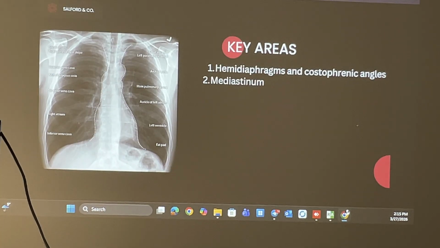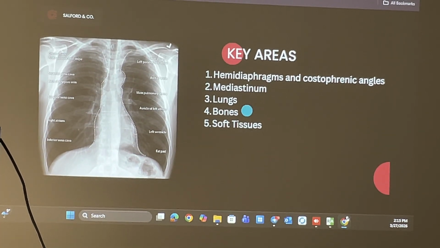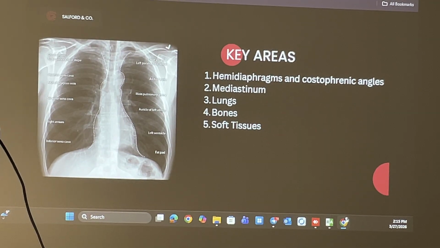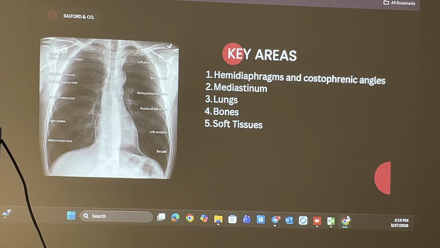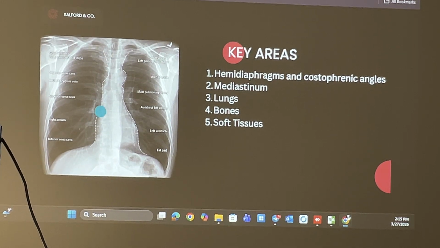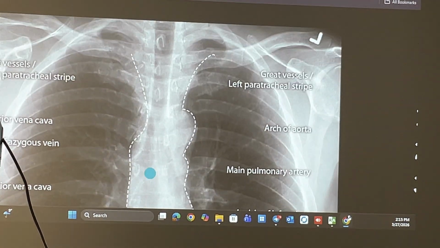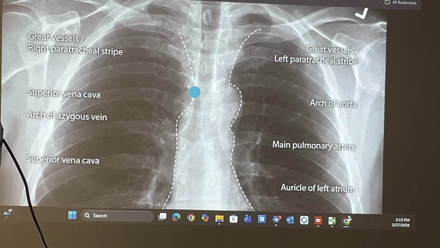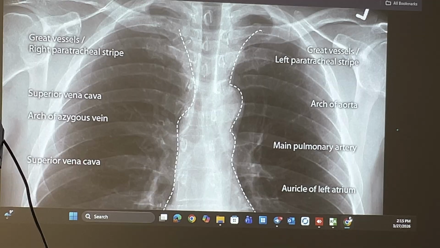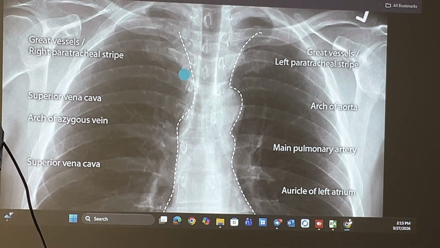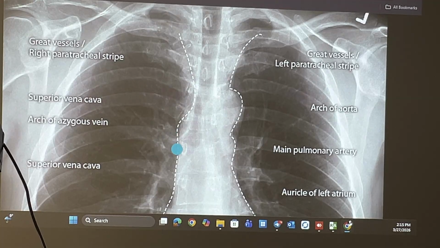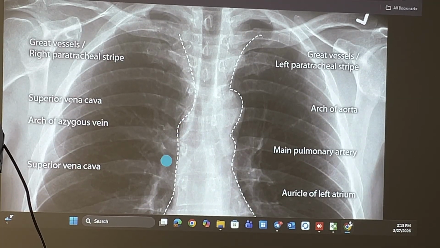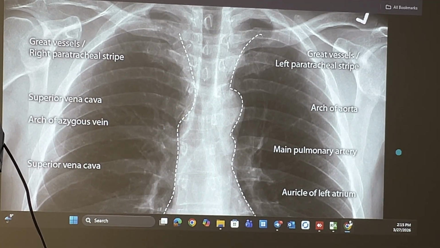And the second one is mediastinum, lungs, bones, and soft tissue. So look at everything. On the right, classically, you should see the right paratracheal stripe, and this little bulge is the superior vena cava.